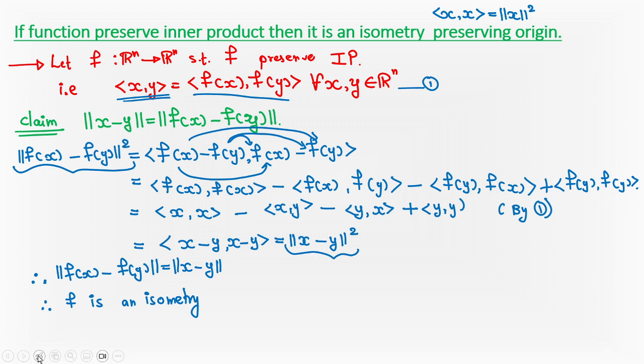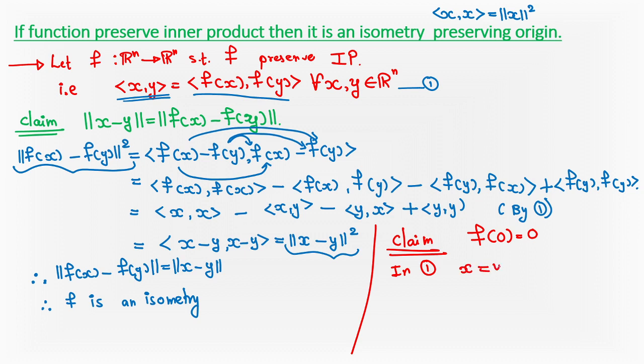So my second claim is to prove that it is preserving origin. What does it mean? It means f of 0 must be 0. I want to prove that f of 0 is equal to 0. How can I think about this? Again I will use assumption 1, and put x and y both equal to 0.